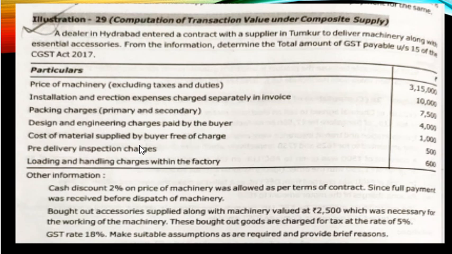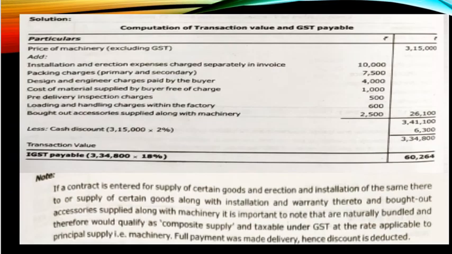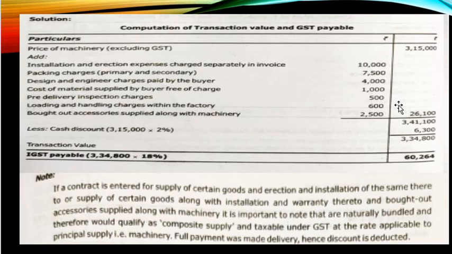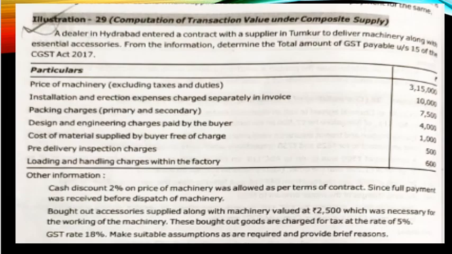Then pre-delivery inspection charges 500. Loading and handling charges within the factory which is 600. So 10,000 plus 7,500 plus 4,000 plus 1,000 plus 500 plus 600. So the total will be taken here. And also they've given an adjustment stating cash discount of 2% on the price of the machinery was allowed as per the contract since full payment was received before dispatch of machinery.